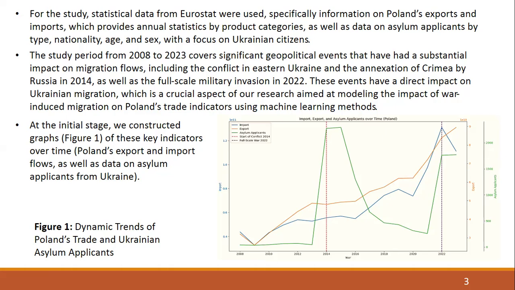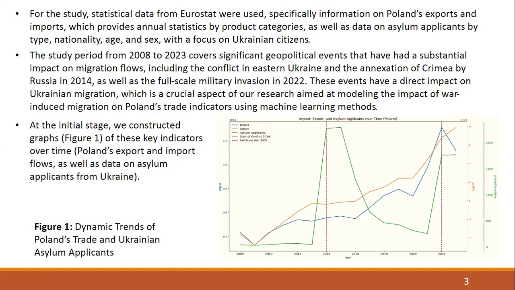From Figure 1, we can see that Poland's imports demonstrate a general upward trend throughout the study period, while exports also show a growth trend with some periodic fluctuations. However, a significant increase in exports is observed in 2022, when exports reached their peak level.